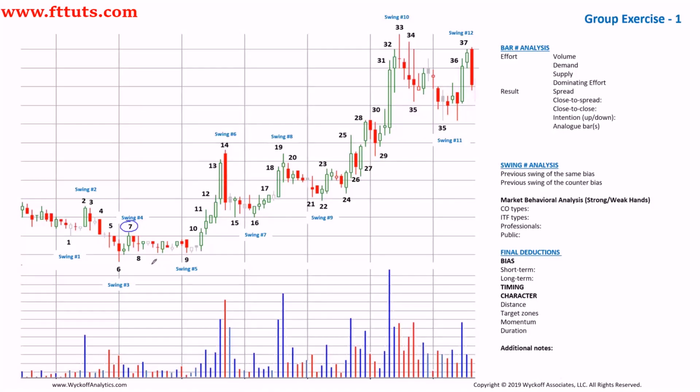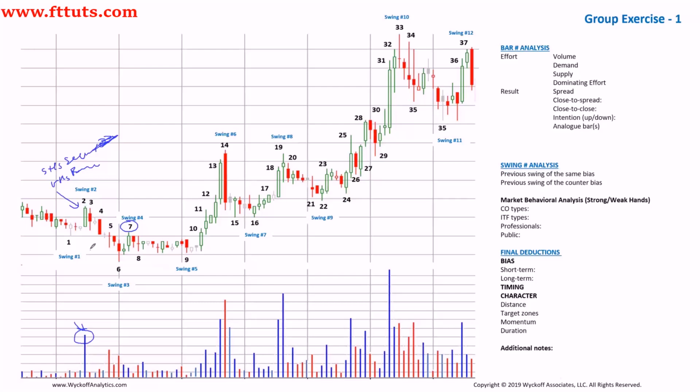Before we do that, let me really quickly go through what we've done before. We just talked about bar number 2. We said that the weak hands were buying on this bar, the strong hands were selling or just being inactive, but most likely selling just because the volume was so big.